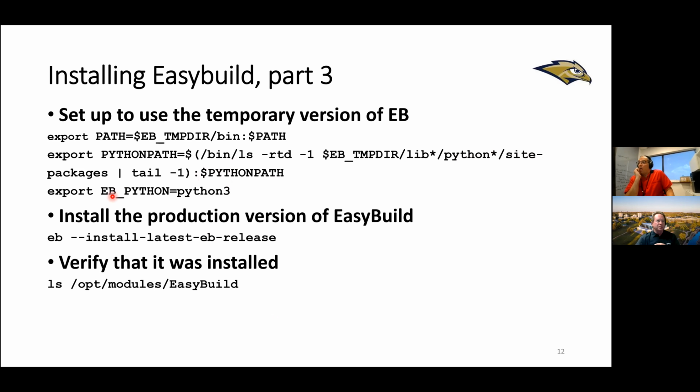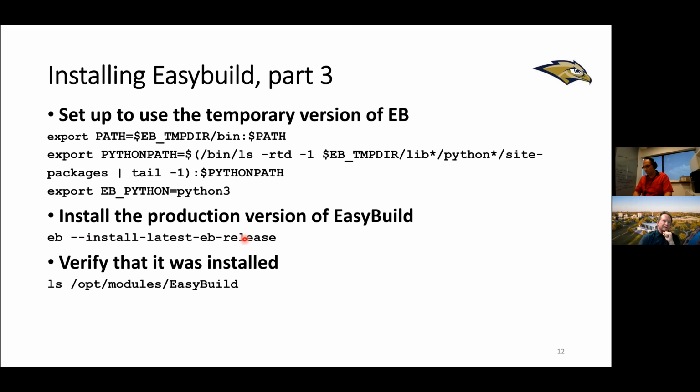And then we export EB Python, telling the easy build script that we're using Python 3, which is in our path. We've installed it as we mentioned earlier. And then all we do here is we just say eb --install-latest-eb-release. And that will populate the easy build module in our module environment.